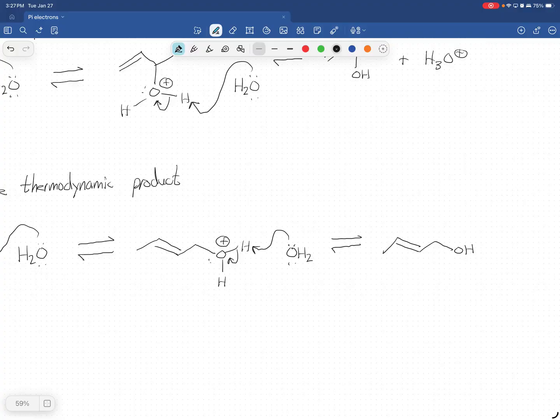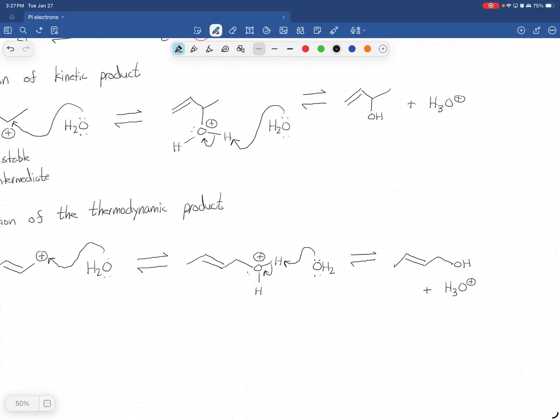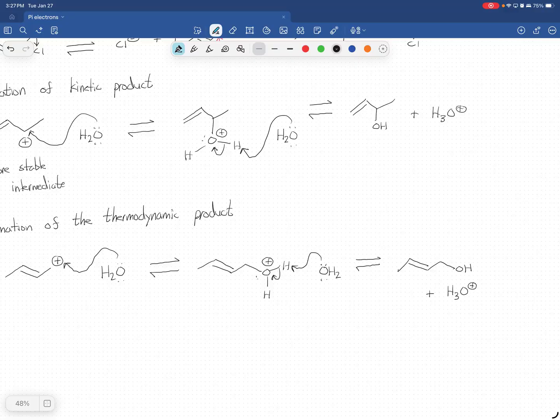So you get the other product that can form, and then you're going to regenerate the acid. One of the water molecules will be protonated here, and the acid will form. And then you would work this up, but that's not important.